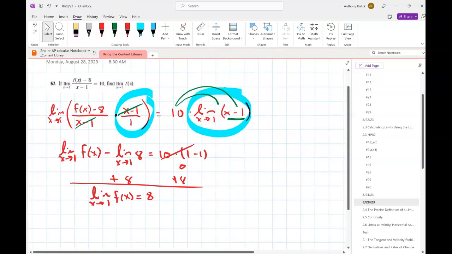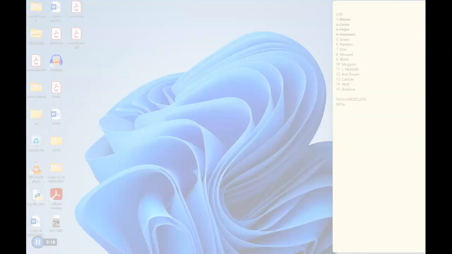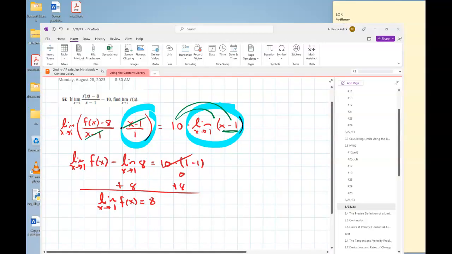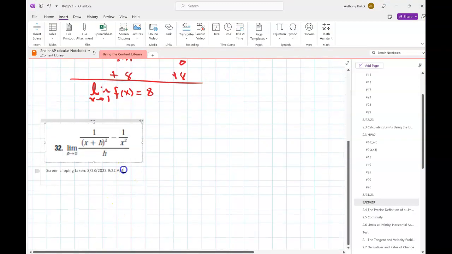What's next? Jacob, you do 32, please. 32? Sure. And this one probably just gets algebraically a little yucky. So first thing I'm going to notice is this limit as h approaches 0.